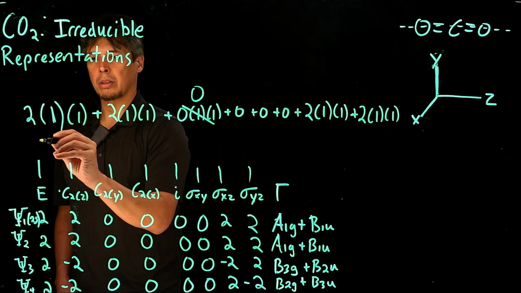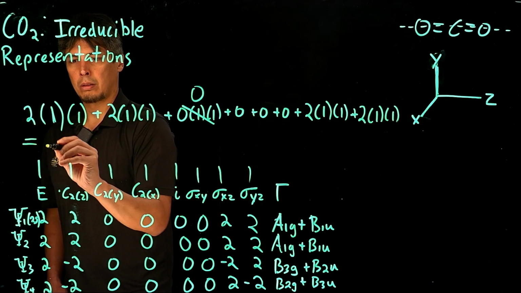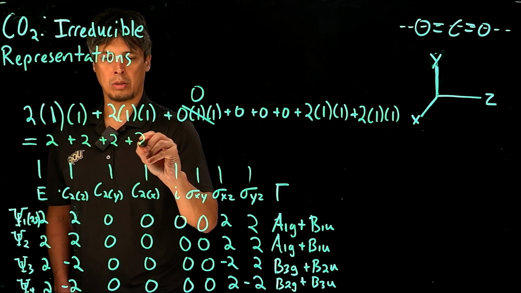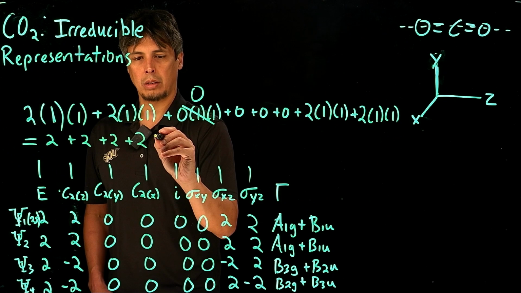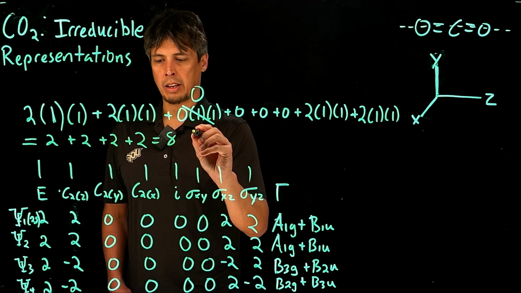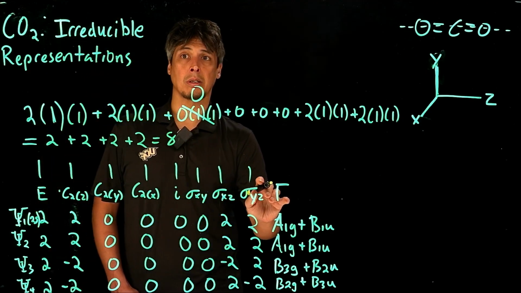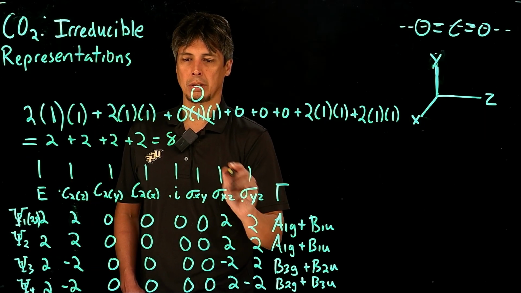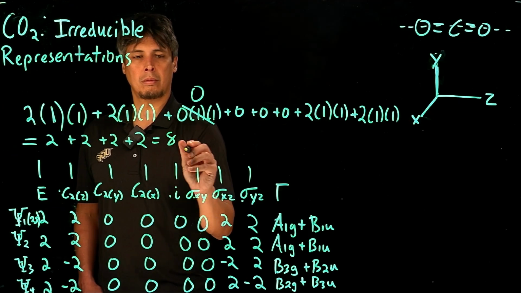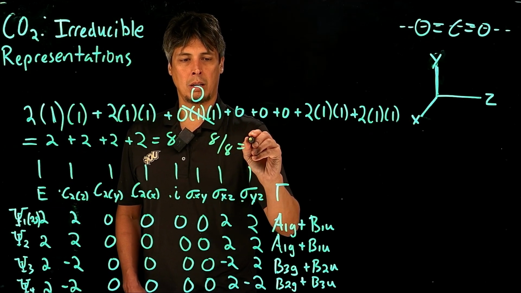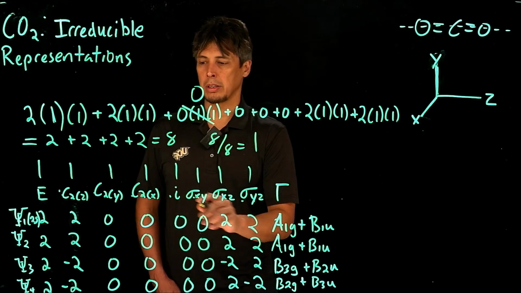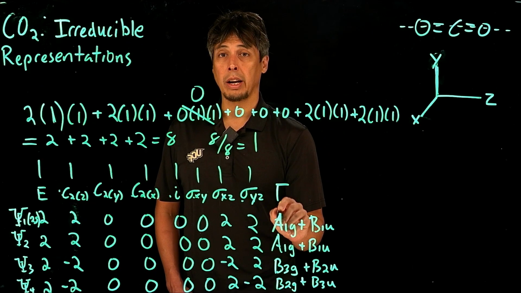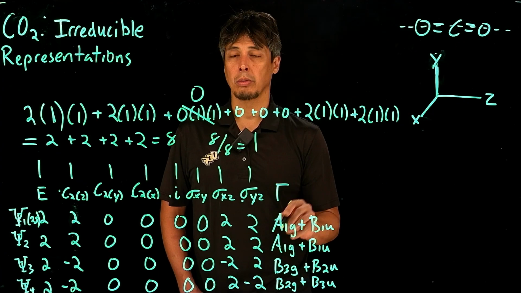And what we end up with is 2 plus 2 plus 2 plus 2 equals 8. We're going to divide that by the total of the coefficients in front of these symmetry operators, so it's 1 plus 2 plus 3 plus 4 plus 5 plus 6 plus 7 plus 8. That's going to be equal to 1, which means that the reducible representation can be broken down into one A1g irreducible representation.